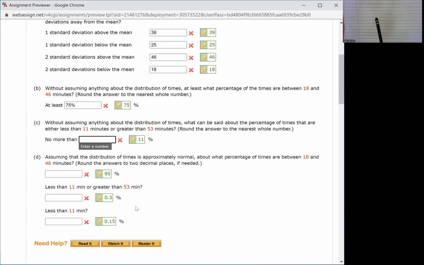So what we'll do is find the percentage between 11 and 53, and then we'll subtract that from 100%. That'll get the percentage outside that interval of so many standard deviations above or below the mean. Okay? So let's set it down. I'll write everything down and then we'll go to the document camera. We have 32.